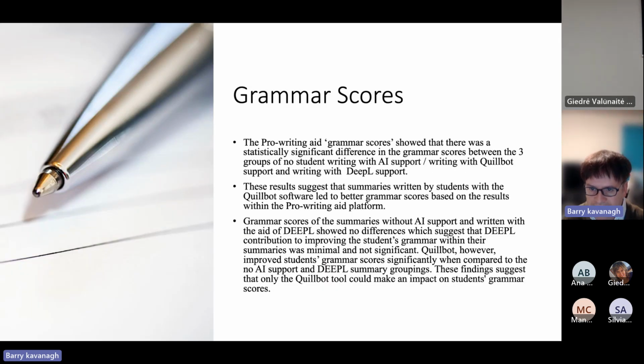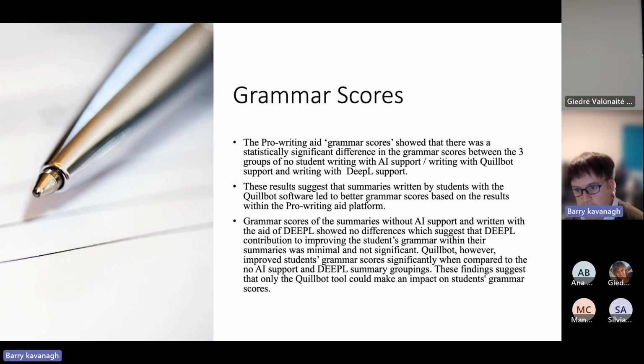So the ProWritingAid grammar scores showed that there was a statistically significant difference in the grammar scores between the 3 groups: writing with no AI support, writing with Quillbot support, and writing with DeepL support. So these results suggest that summaries written by students with the Quillbot software led to better grammar scores.